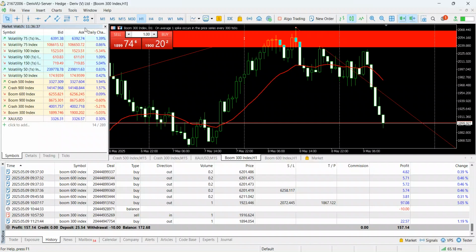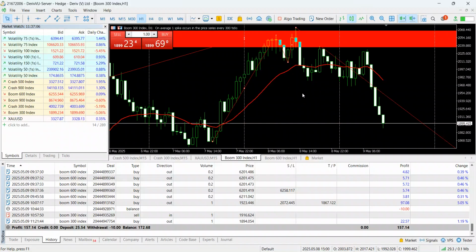There was an M pattern created at this point. This is the first leg, this was the second leg, and then another leg was created here. So as a result, this market has to drop down.